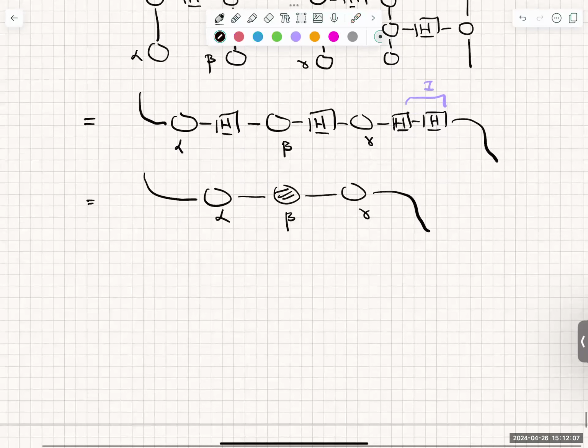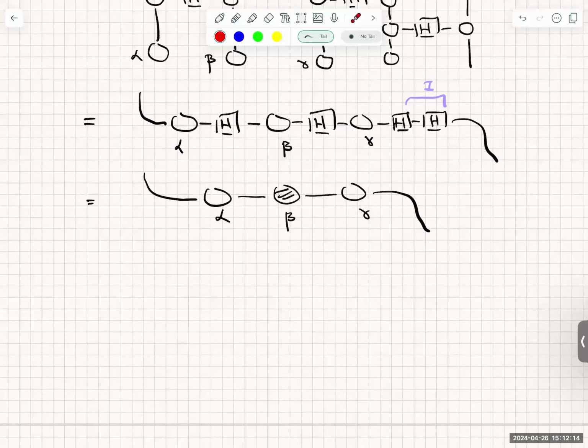Okay, but this is precisely what we wanted to implement: a rotation alpha around the Z axis, a rotation beta along the x-axis, and a rotation gamma along the z-axis, which is precisely going to apply that single qubit rotation to psi.